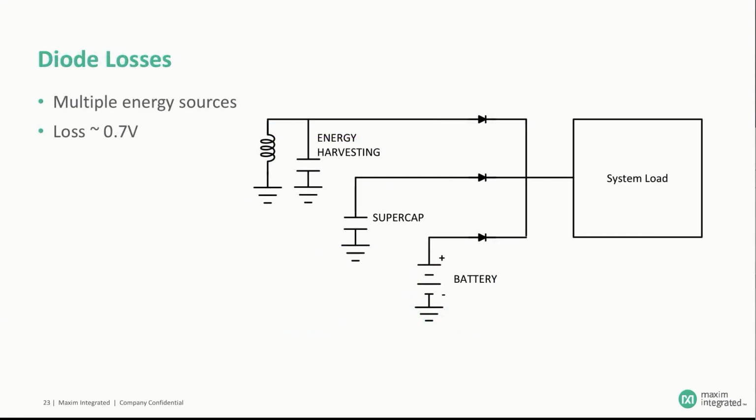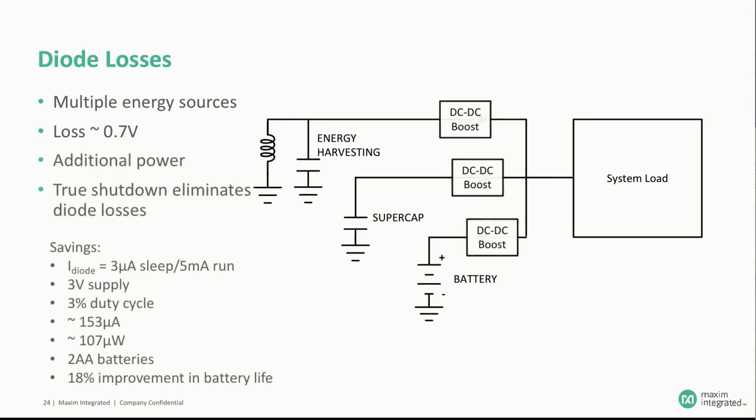Another common energy loss in systems, especially when using multiple power supplies, is a drop across a diode. This drop tends to be about 0.7 volts, so your loss is the forward voltage drop times your quiescent current. In this instance, we've put our DC to DC boost converter in place of the diodes.